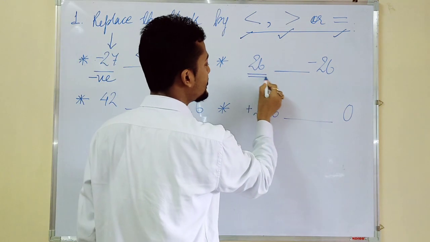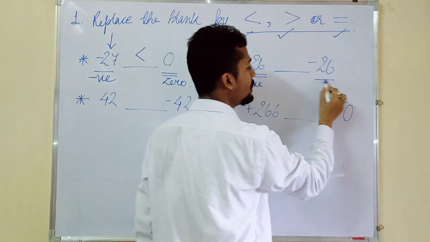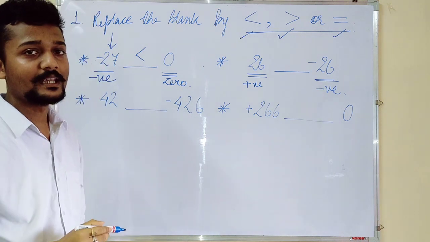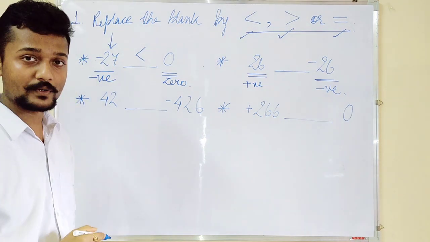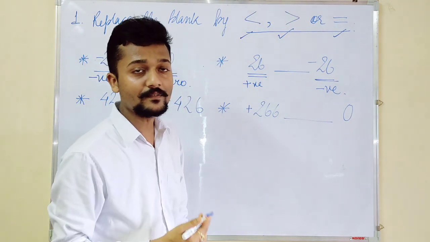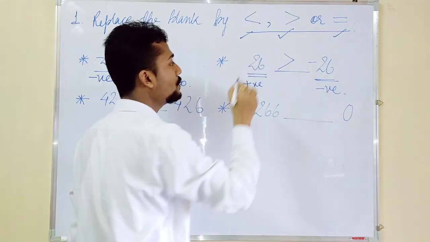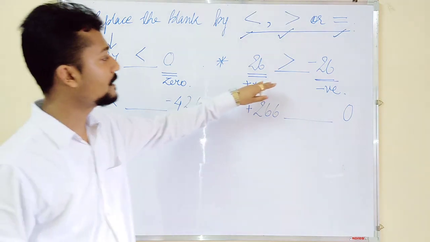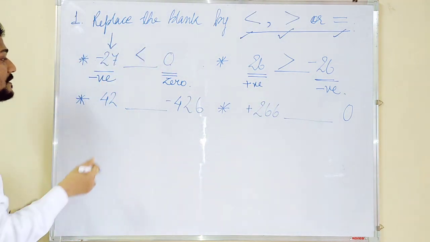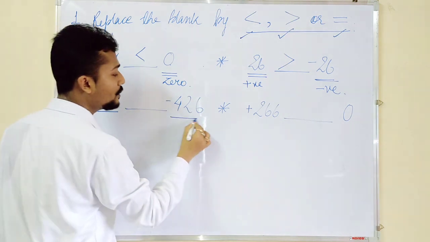Here 26 is positive and this one, minus 26, is negative. And what do we know? That every negative integer is smaller than a positive integer, or every positive integer is greater than a negative integer. That means here we are going to put the greater than sign. That means 26 is greater than minus 26. Next comes 42 and minus 426.